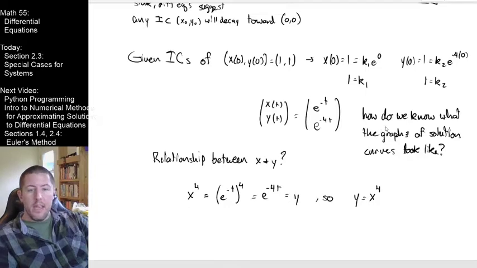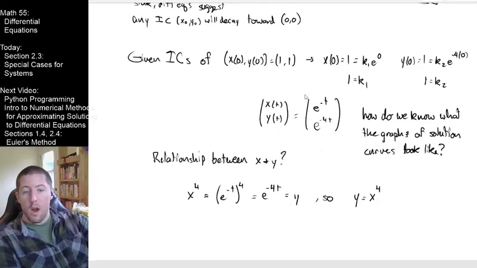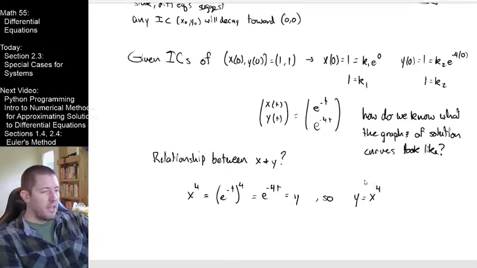And notice, if we ended up with any other initial conditions other than 1, 1, the curve passing through 1, 1 should look exactly like y equals x to the fourth. If I had picked any less nice initial conditions, then we still would have gotten some fourth power relationship. There just would have been some other constant multiple.